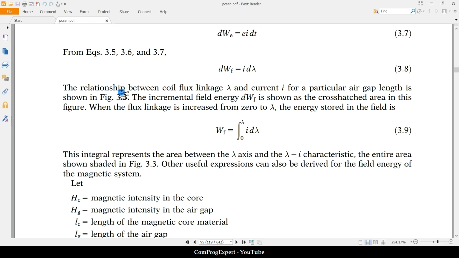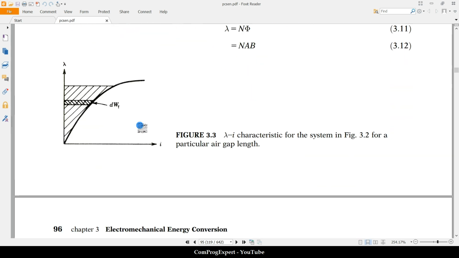This relationship between coil flux linkage and coil current for a particular air gap length is shown in figure 3. Yes, we derived this figure in one of the problems in the previous chapter, the coil flux linkage versus the coil current.